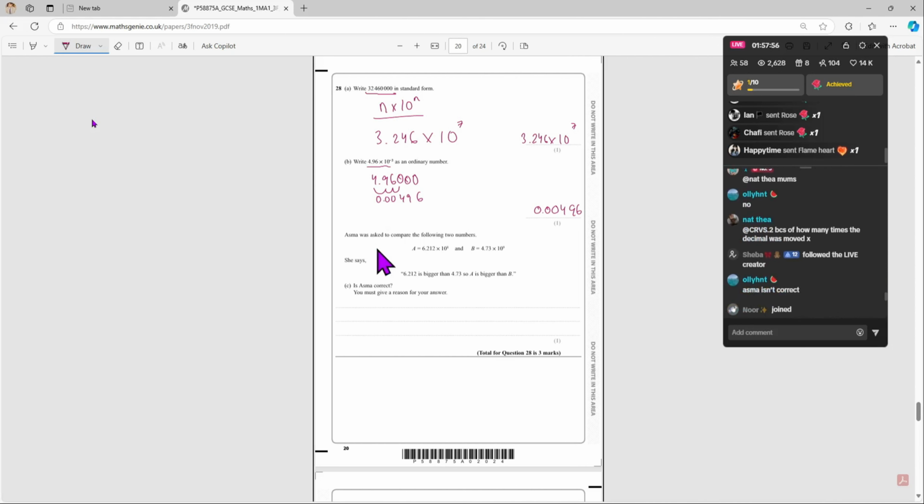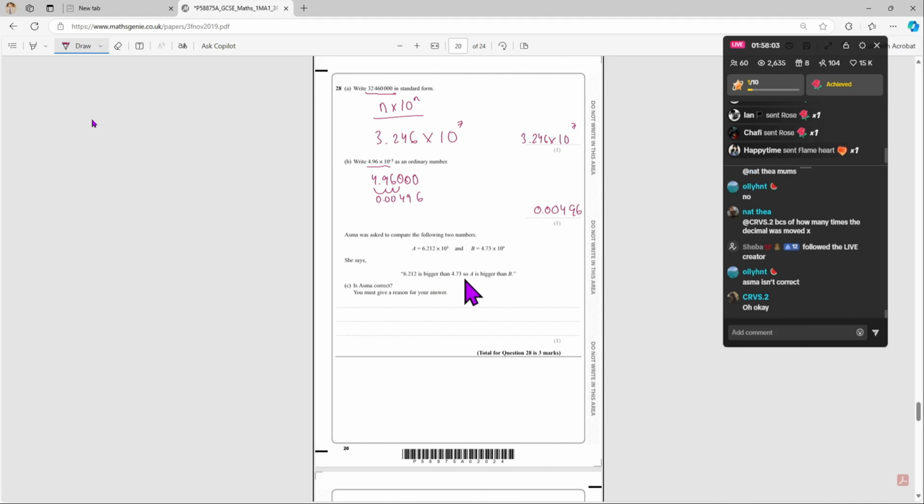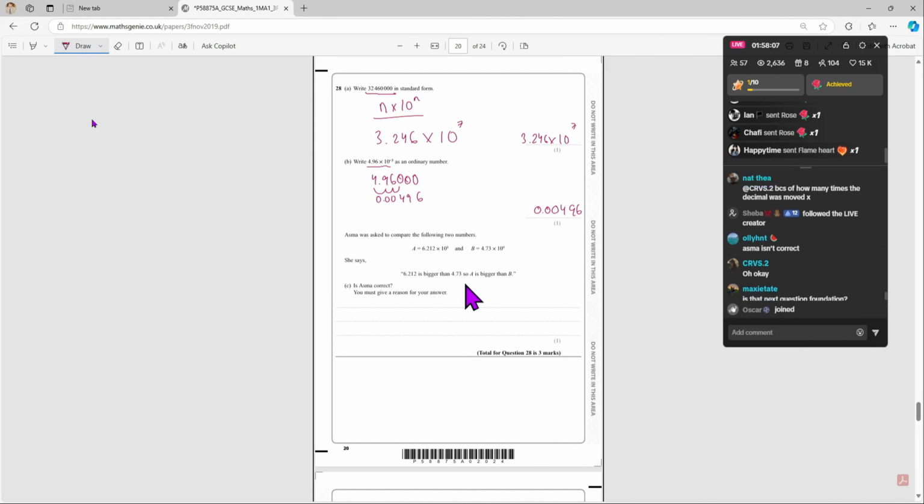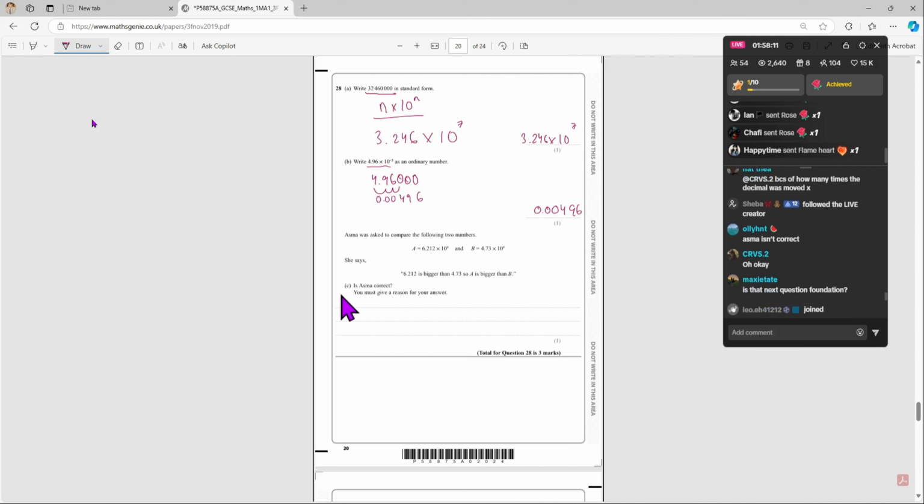So she says 6.212 is bigger than 4.73. So A is bigger than B. Is Asma correct? Is she correct? No. I think she's not correct.